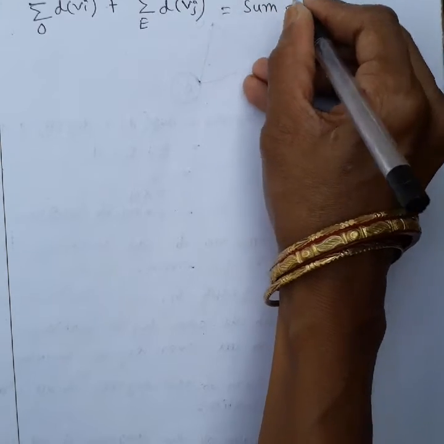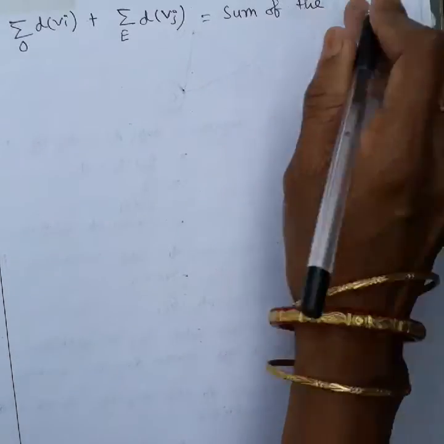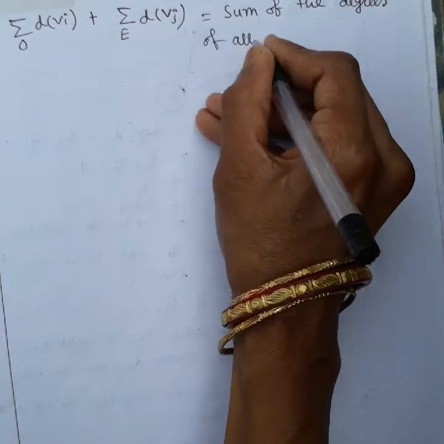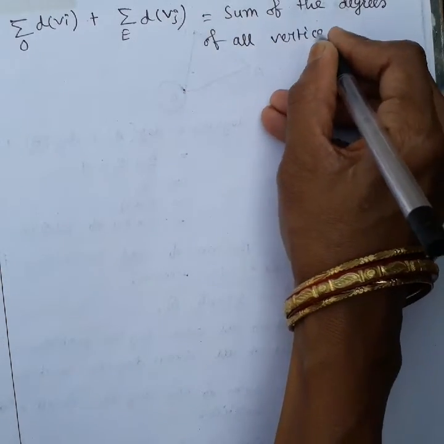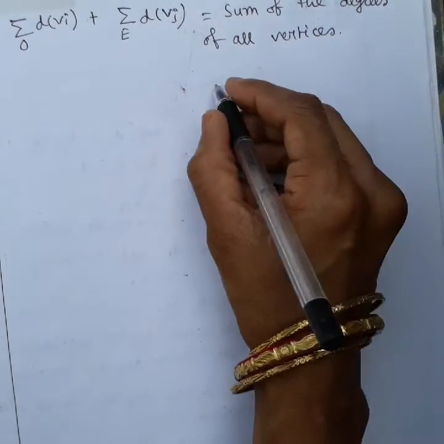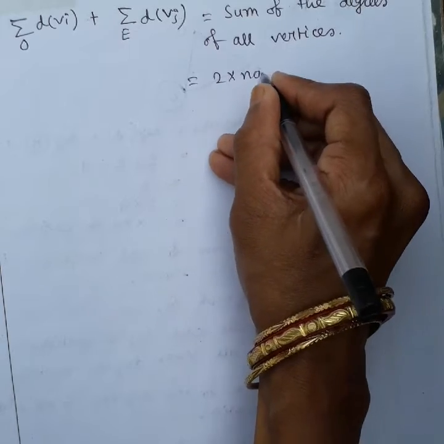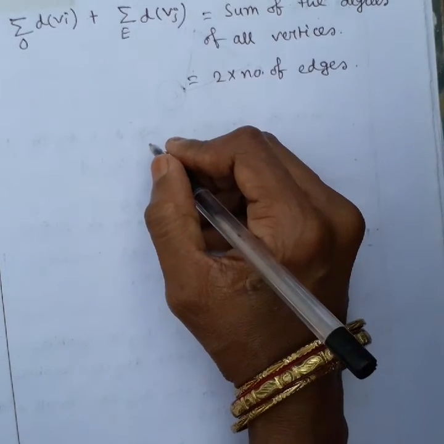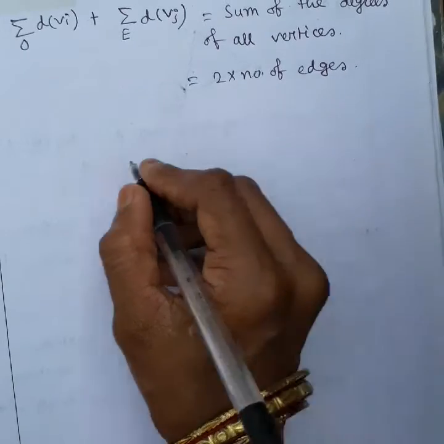So the sum of odd degree vertices plus the sum of even degree vertices is equal to the sum of the degrees of all vertices, which is equal to 2 into the number of edges, from the previous theorem.